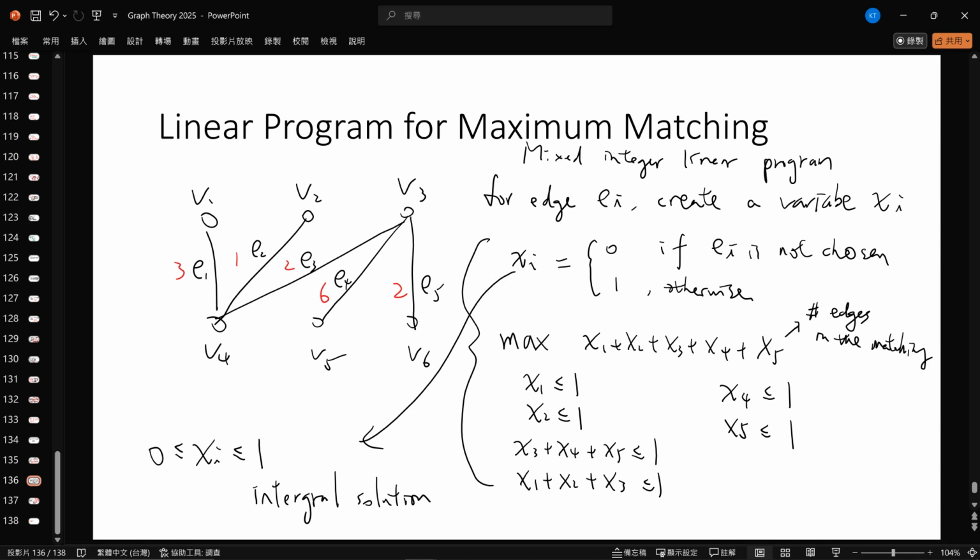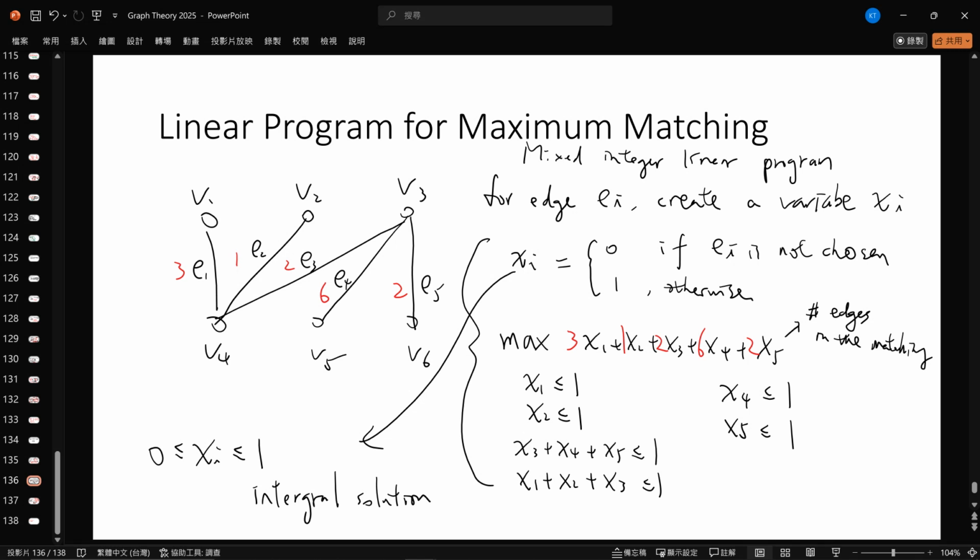This time the objective function becomes a weighted sum of the variables, where the weights are just the edge weights. Because if you choose E1, then you will get a weight of 3. So naturally, we will multiply x1 by 3. So this is just a weighted combination of the variables.